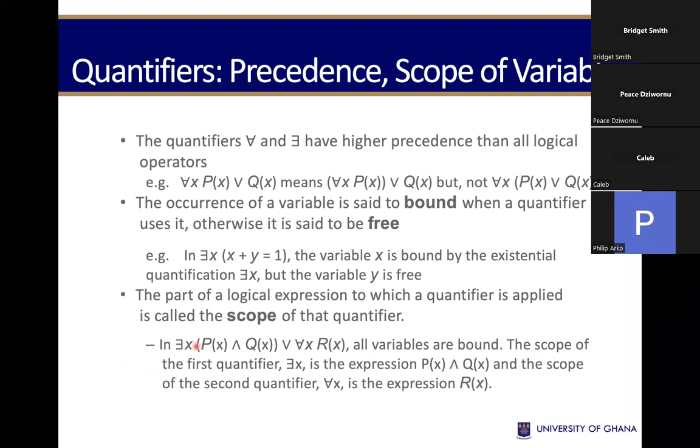When I come to the universal quantifier, the scope will be r of x. That's the meaning. So in dealing with the scope, we are looking at where that particular quantifier is attached to, and that becomes the scope.